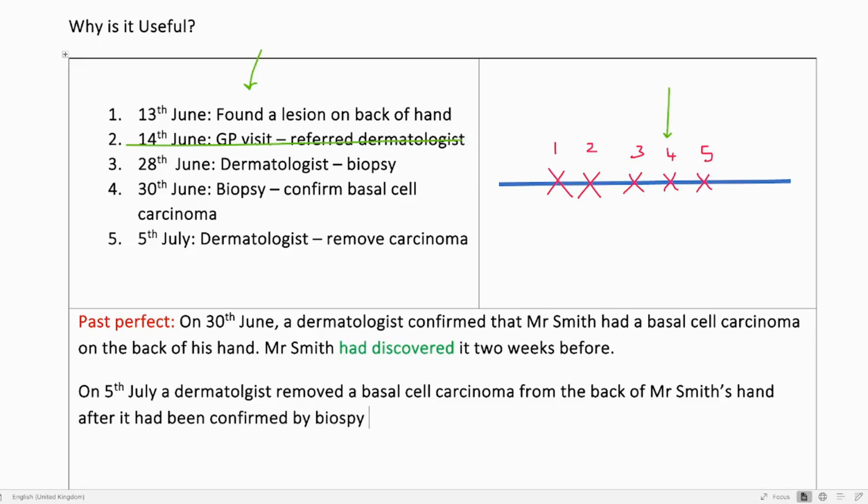When was it? In late June. How about that? Okay, it had been confirmed. That's really nice. This is how we could use the past perfect.